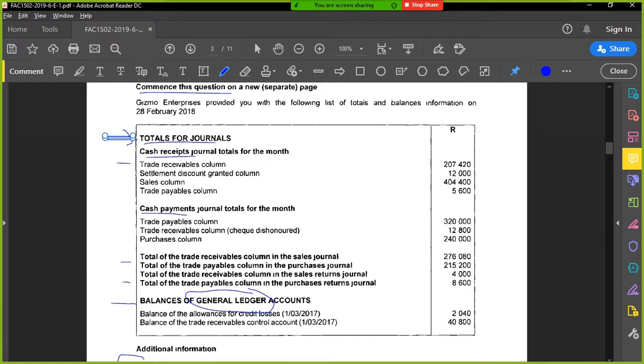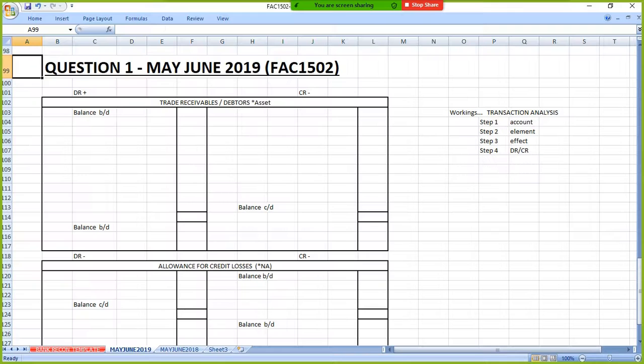Is it the balance brought down? No, it's trade receivable. It's in the receipts journal. What does that represent? Money coming in. From who? From your debtors. So see, basics, receipts from debtors. What do you debit, what do you credit? You debit your bank, you credit your debtors.